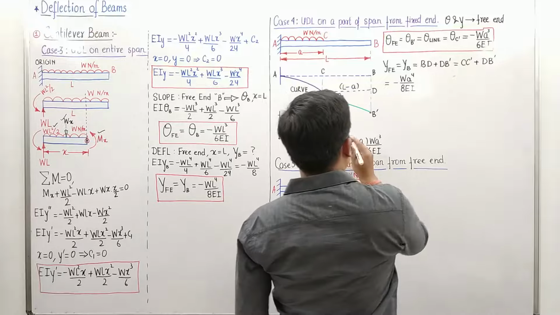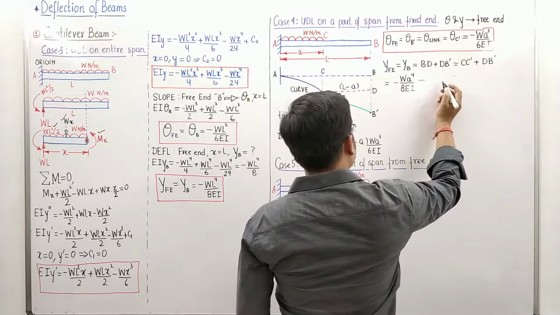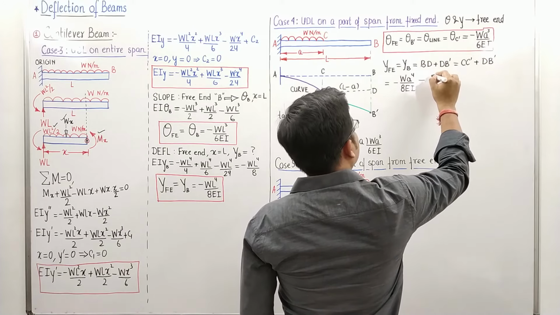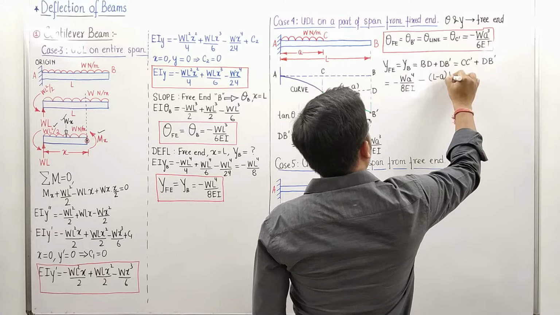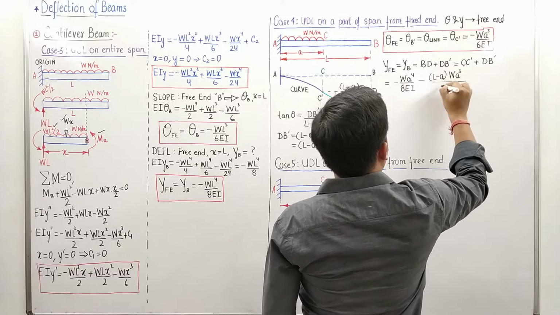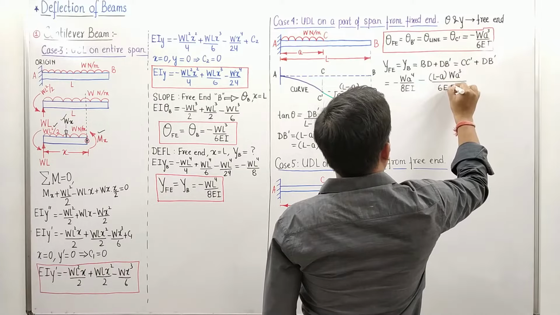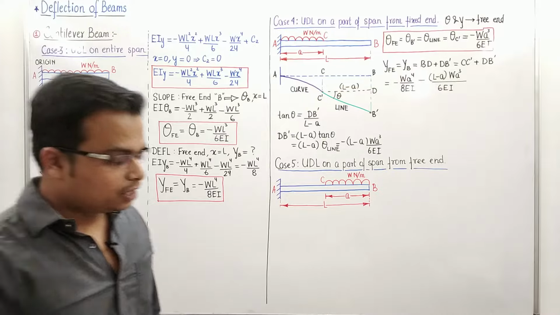So here we go. Just put this value over here, a negative sign, and you have this result: L minus A times WA cube over 6EI. So these were the two results.